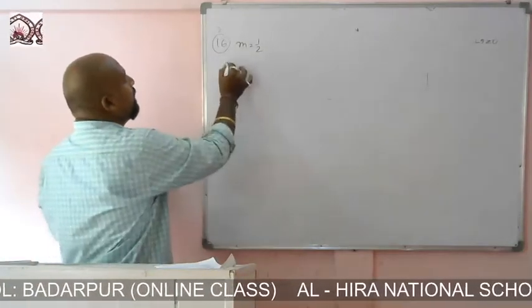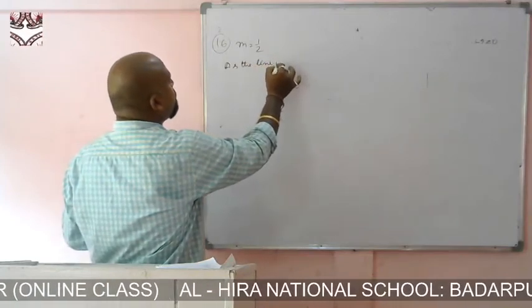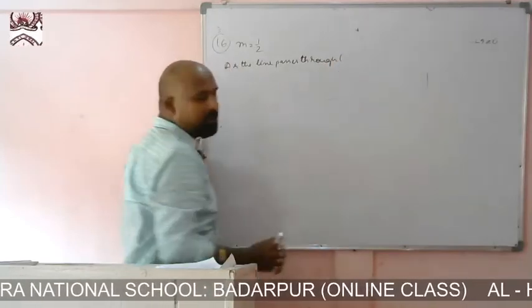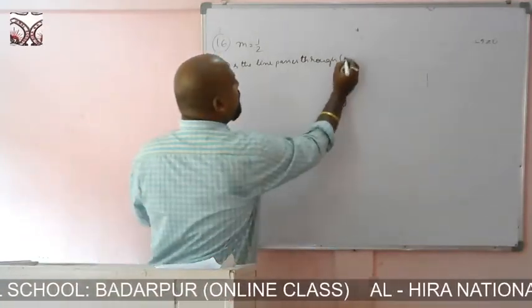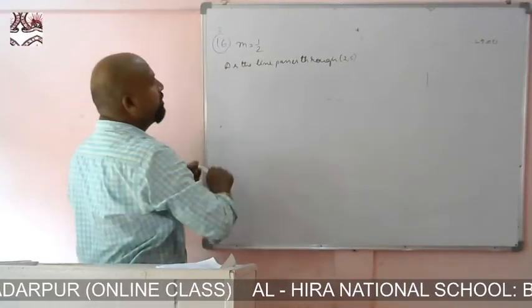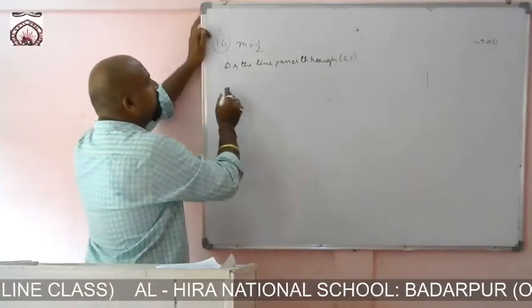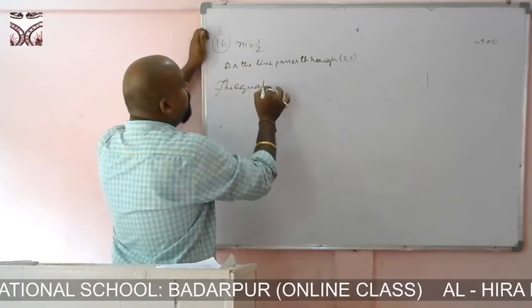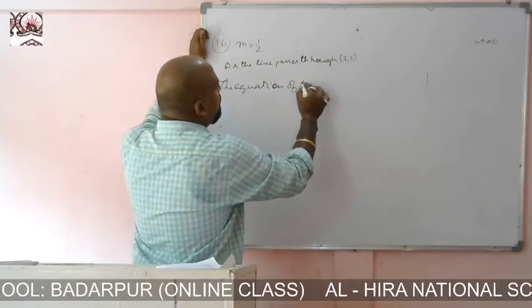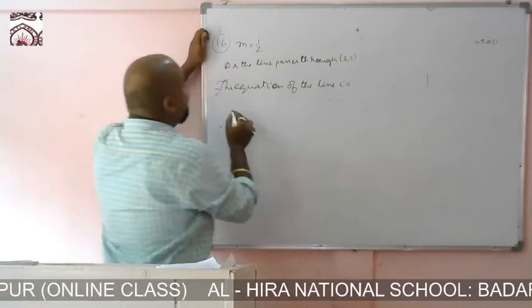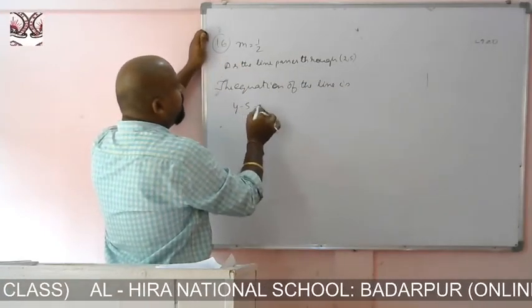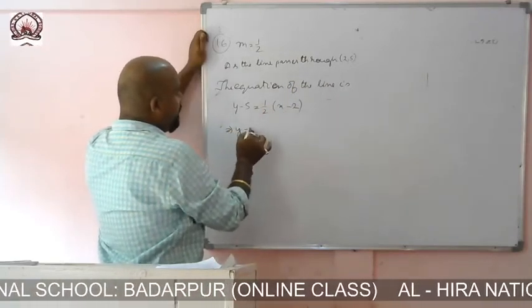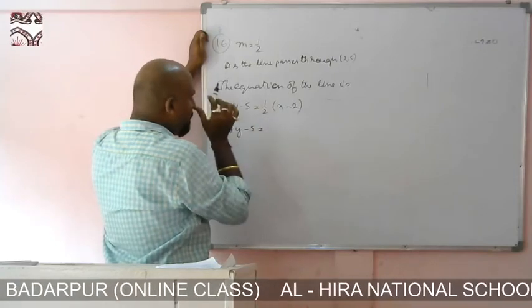Okay. Now as the line passes through the point 2, 5, the equation of the line is y minus 5 equals half into x minus 2.